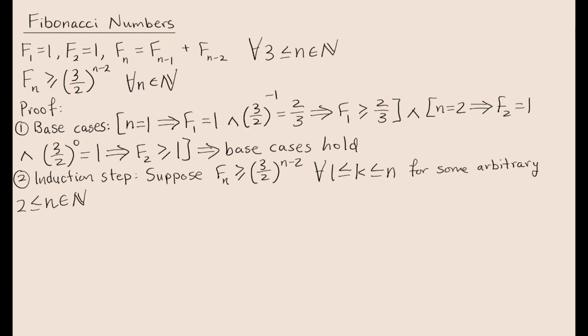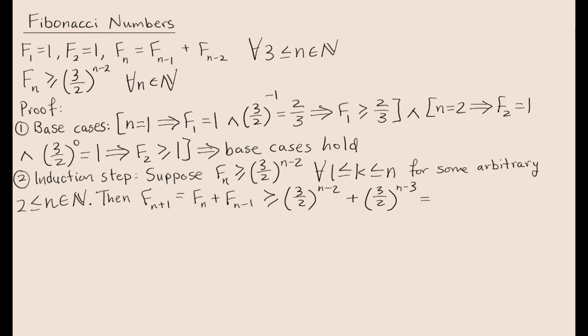So we are claiming that it is not only true for the nth term, but all the terms below the nth term. Then, what is Fn plus 1? That is equal to Fn plus Fn minus 1, and that is greater than or equal to 3 over 2 to the n minus 2 with this, plus 3 over 2 to the n minus 3 with this.